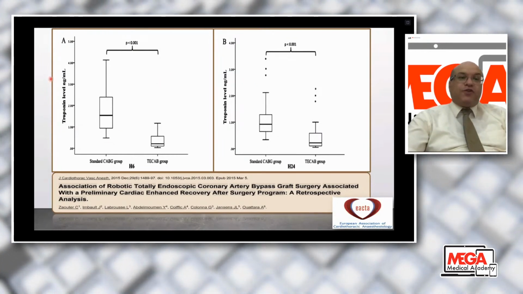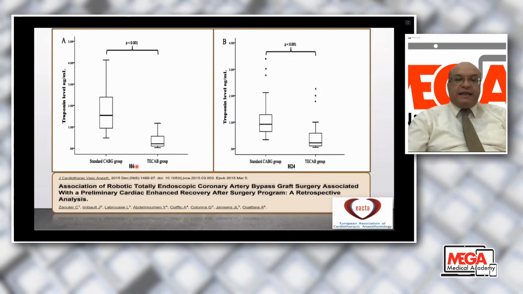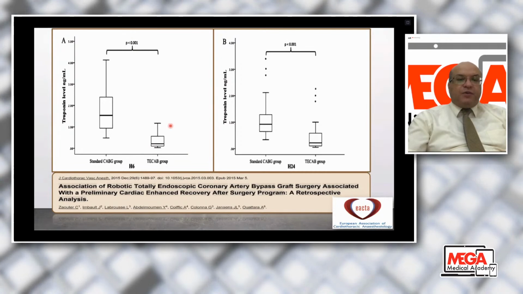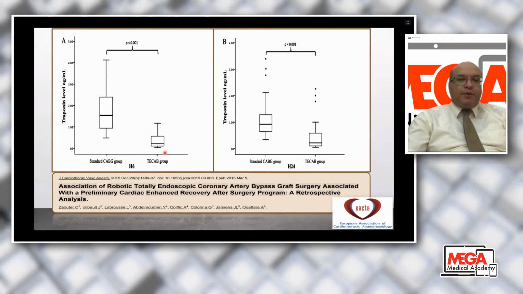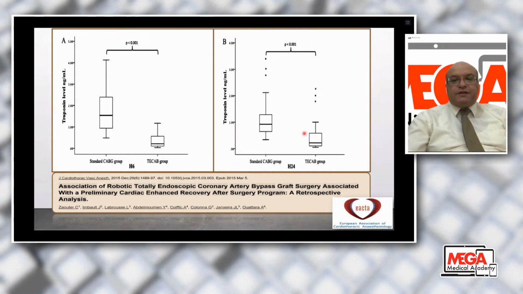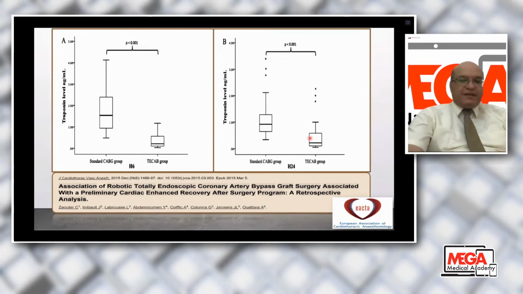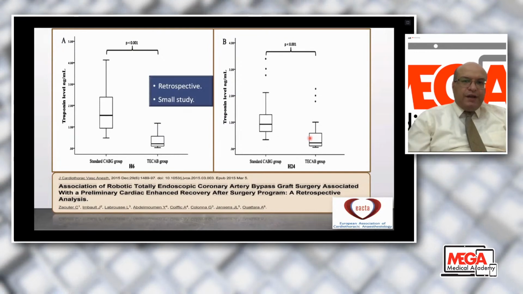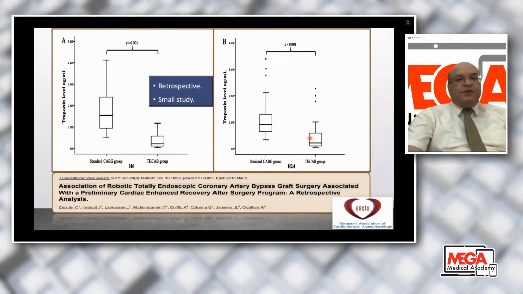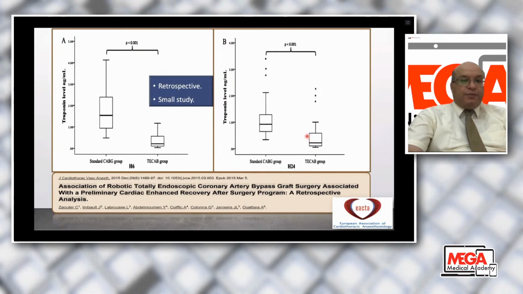You can look at troponin levels at 6 hours and up to 24 hours after enhanced recovery protocol with robotic approach; it is significantly less during the 6 hours, and this extends to 24 hours after cardiac surgery. However, this is a retrospective study, and as I told you, it is a small study. It is a pre and post study.